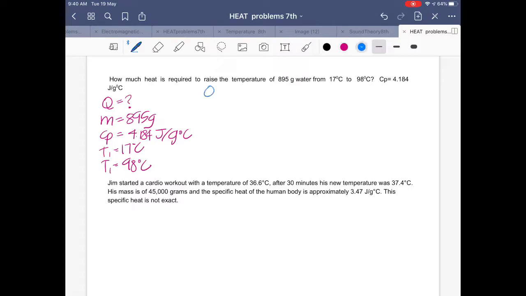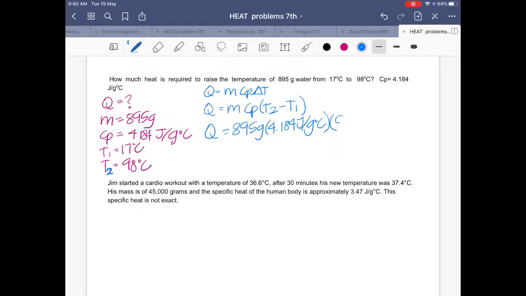So heat equals mass times specific heat times delta of temperatures, in this case temperature 2 minus temperature 1, because temperature 2 is higher. Heat equals 895 grams times 4.184 joules over grams per degree Celsius times 98 degrees Celsius minus 17 degrees Celsius.